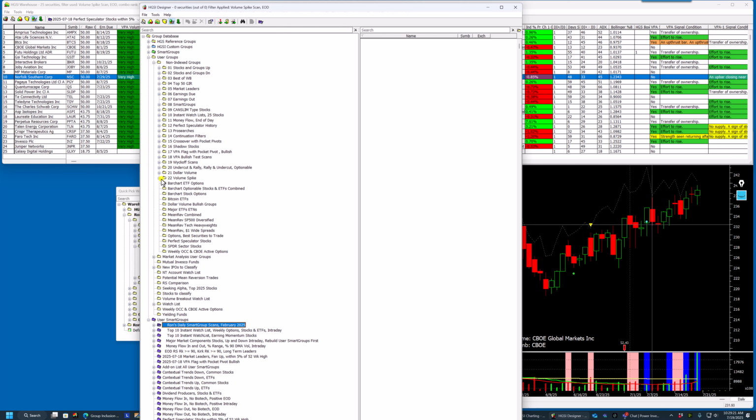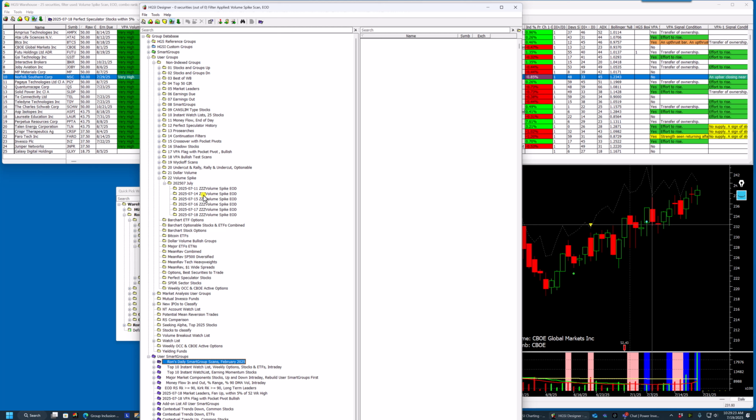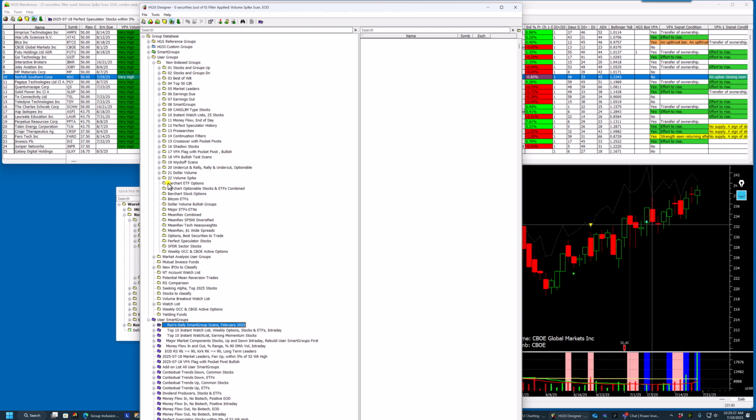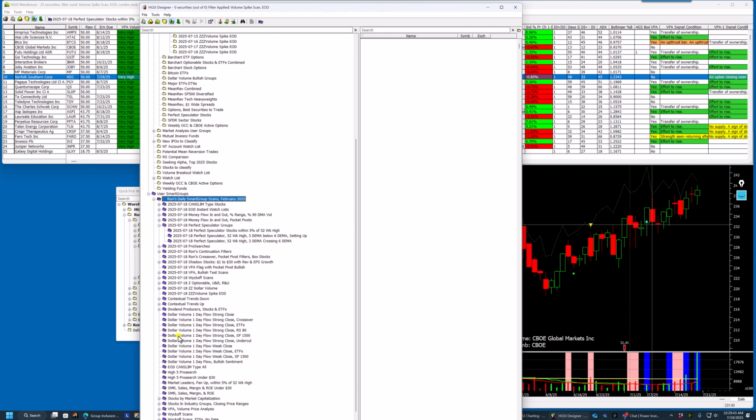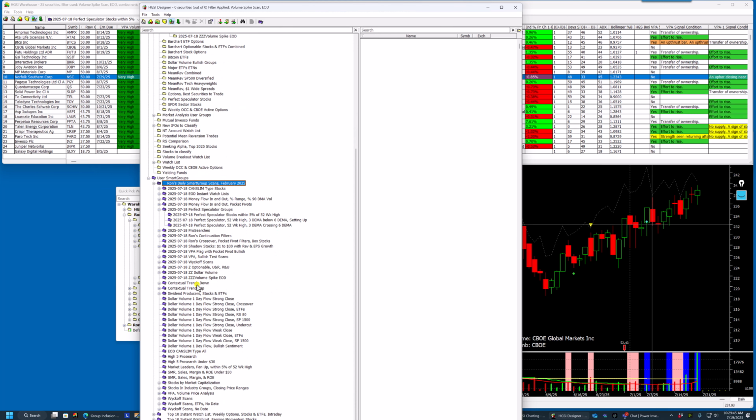Now you see I have 1 week's worth of volume spikes, and I've kind of modified the filter a little bit over the week, so I think I have it where I want it now. These Z's are here because I added this to the bottom of my user smart groups, and I didn't know another way to do it.